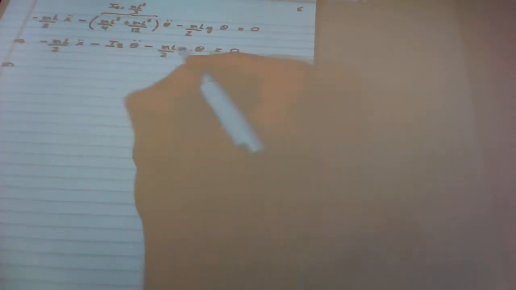ML over 2 x double dot, minus I sub b theta double dot, minus ML over 2 g theta. Okay, I'm going to do a division. Oh, what did I put? I sub b.